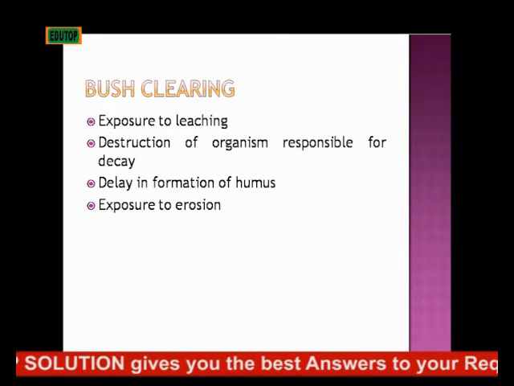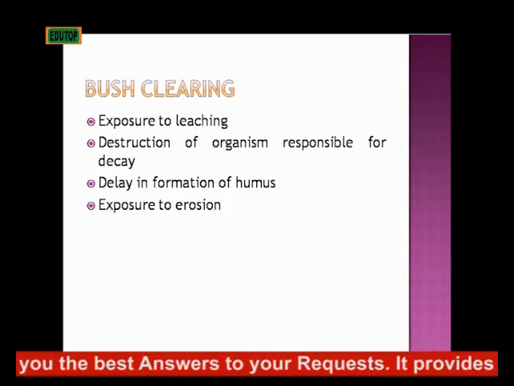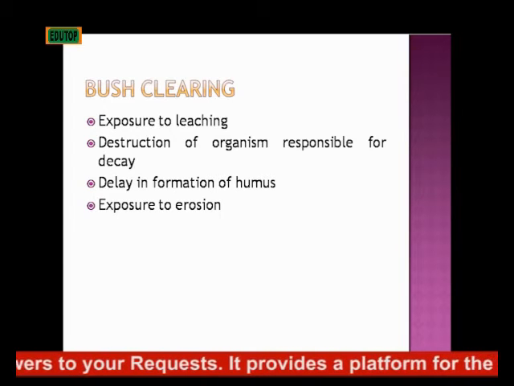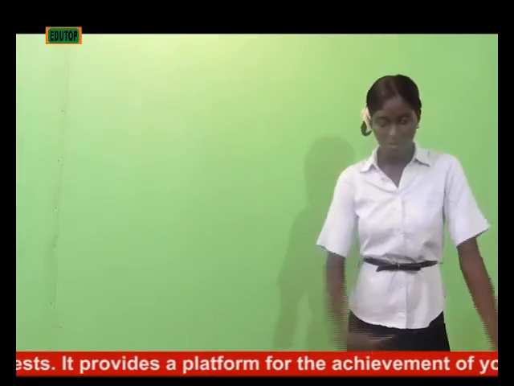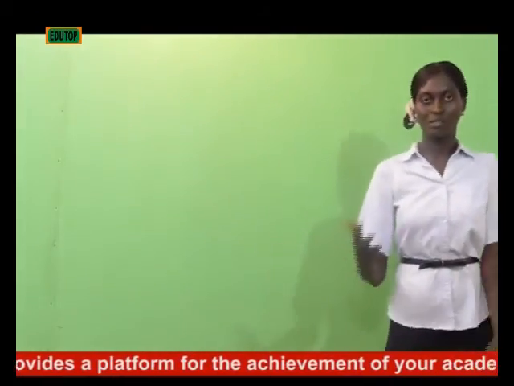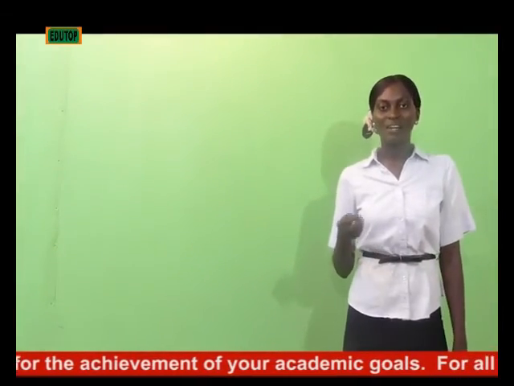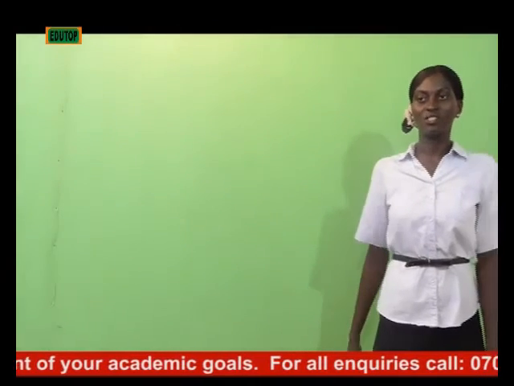The effect of this on the ecosystem is that it exposes the soil to leaching. Then there is the destruction of organisms that are responsible for decay. In the process of cutting down and digging the soil, you destroy some critical organisms that are responsible for decay in the soil.